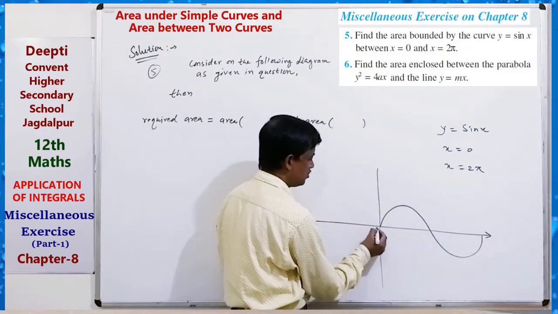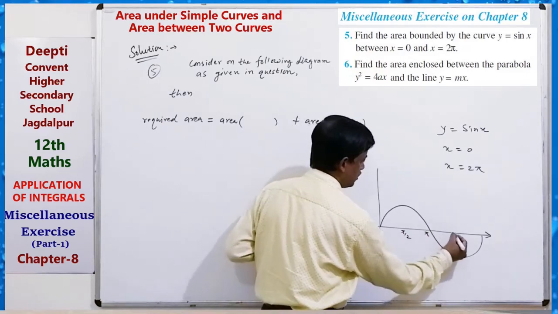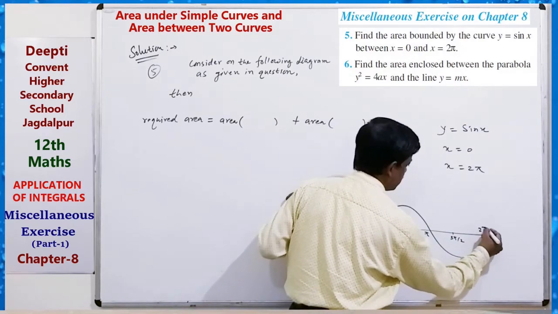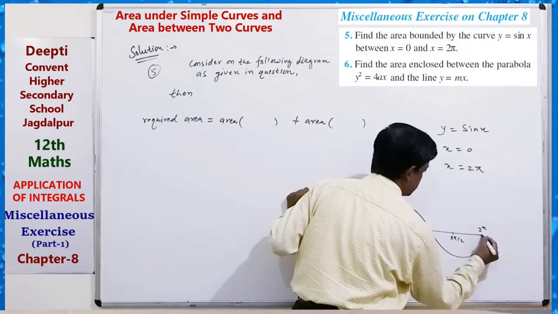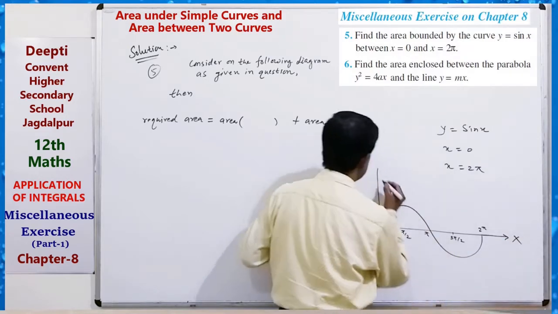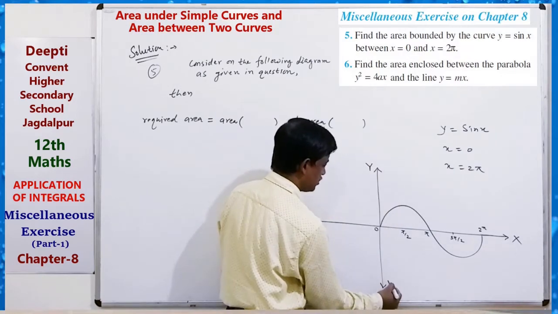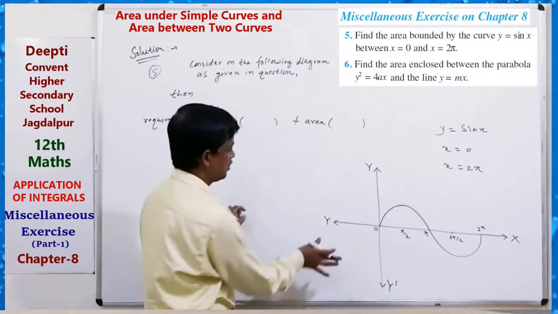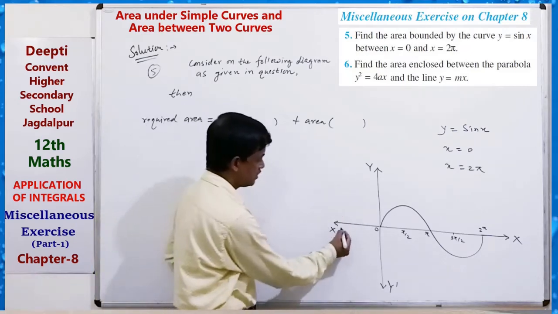This is 0, this is pi by 2, this is pi, this is 3 pi by 2, this is 2 pi. Okay, x-axis, y-axis, x dash, y dash.